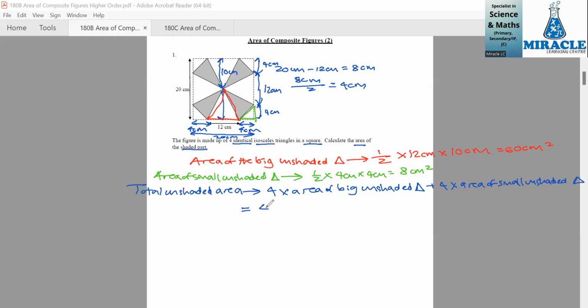So this will leave us with 4 times 60 cm squared plus 4 times 8 cm squared. So this is equivalent to 272 cm squared.